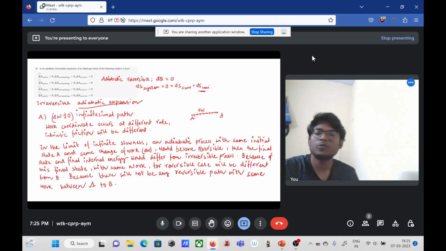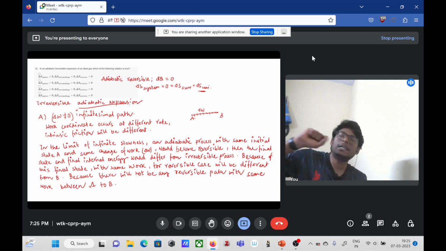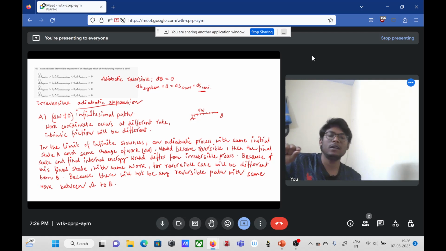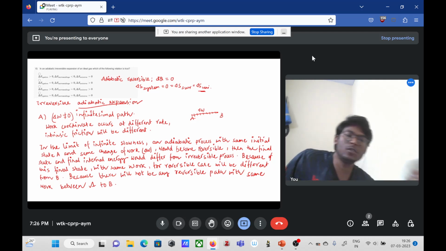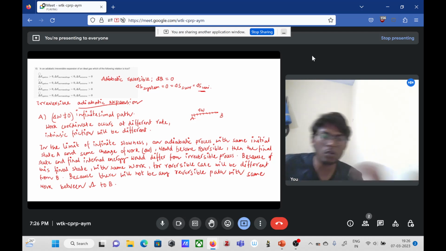So from that perspective, we cannot start from A with the same work and reach B via a reversible path. Since it dissipates, we need more energy, more work.